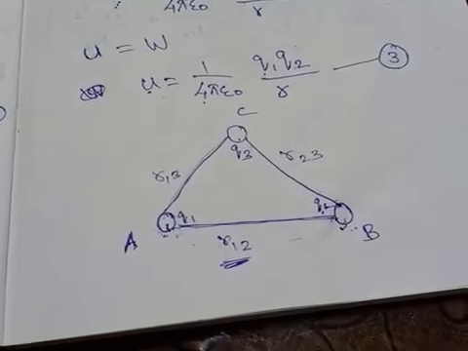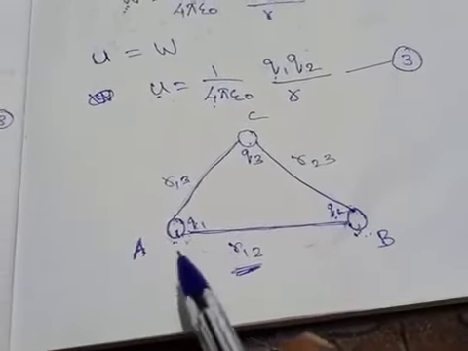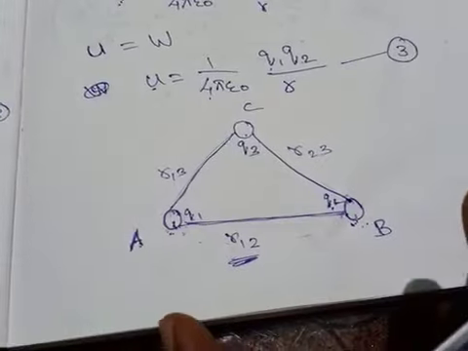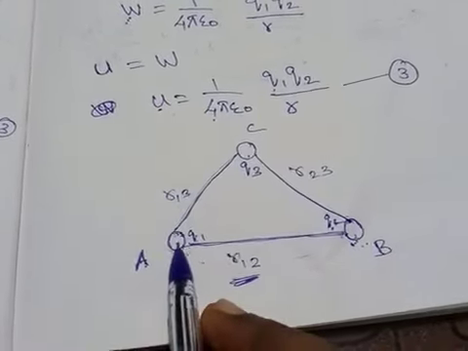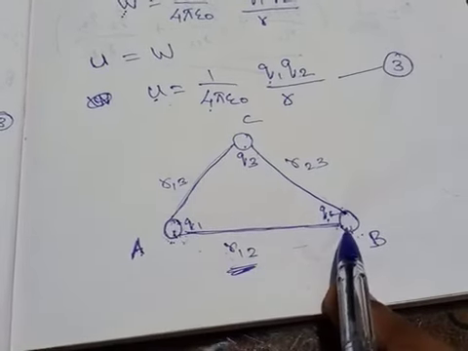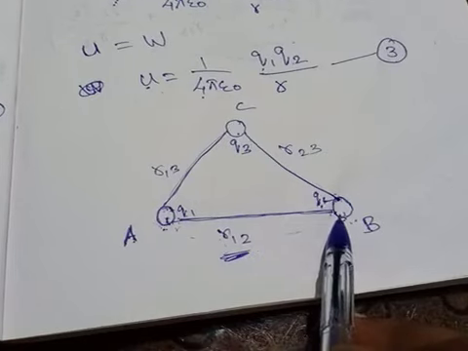First, no one is there. I am bringing Q1, no work is done. So one equation. Now the second thing is Q1 is there, I am bringing Q2 nearby this Q1 at the point B.